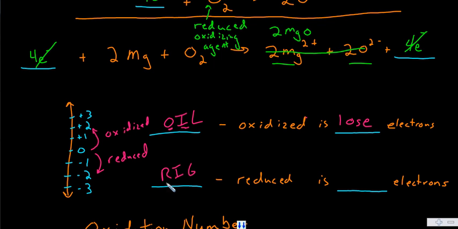And something that is reduced is going to gain electrons. So OIL RIG. However, in bio or AP bio, you might have heard the term LEO says GER. LEO stands for losing electrons is oxidation, and GER stands for gaining electrons is reduction. Okay?